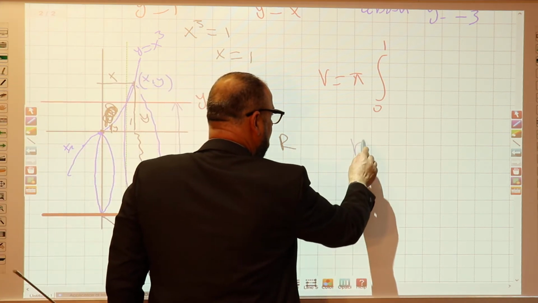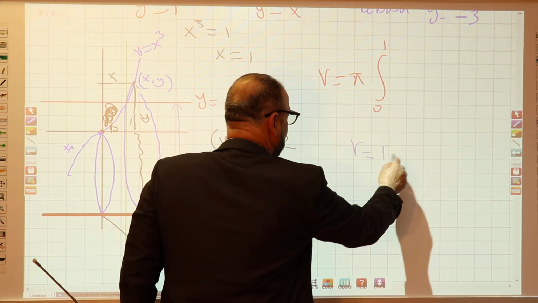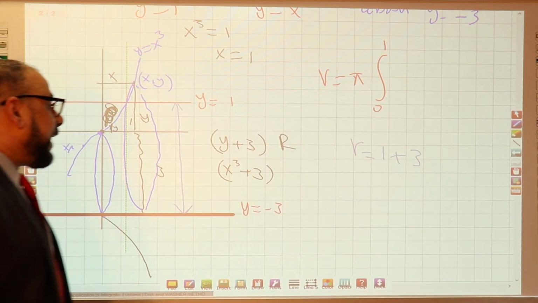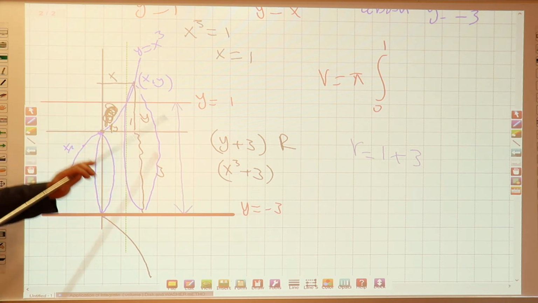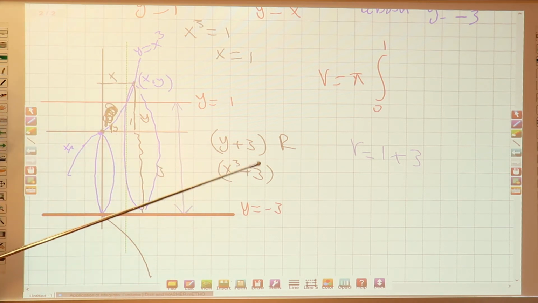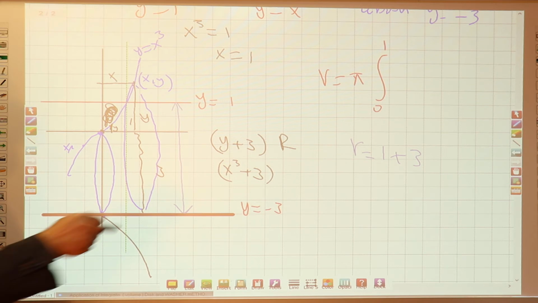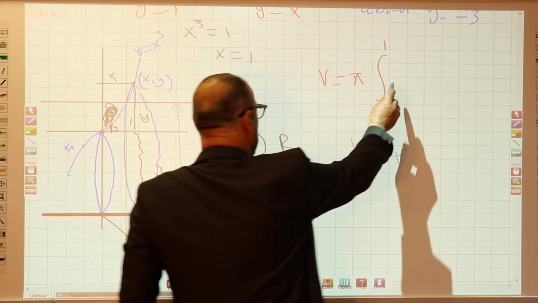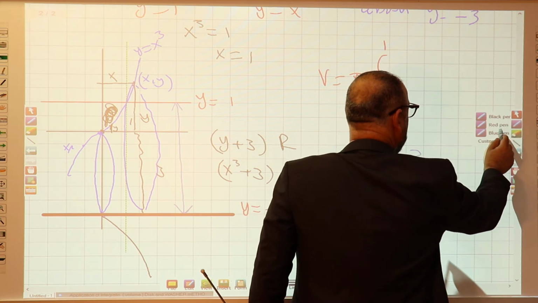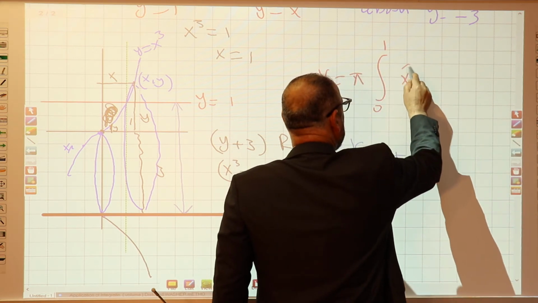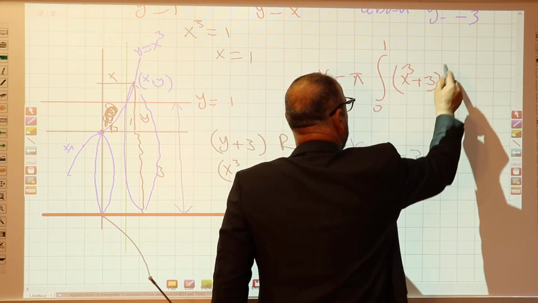Then the small r equals how much? 1 plus 3. We disregard the negative because we're looking for the whole distance. The first one, y plus 3, and I know y is x cubed. Then y plus 3 squared, with y as x cubed, is x cubed plus 3 squared.